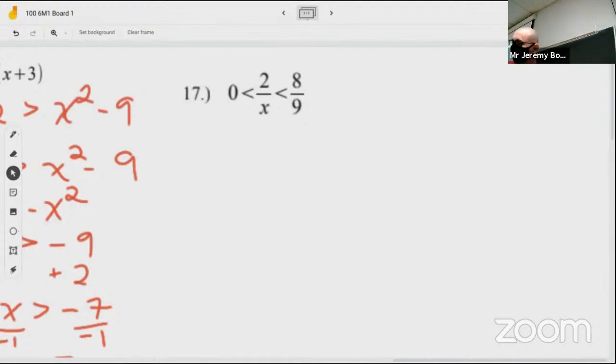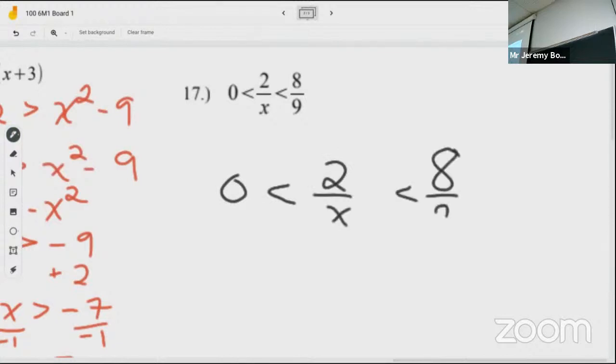To get rid of the fractions here, we're going to multiply by the LCM of 9 and x, which is 9x. So I'm going to rewrite this real quick, and multiply all the parts of this by 9x.